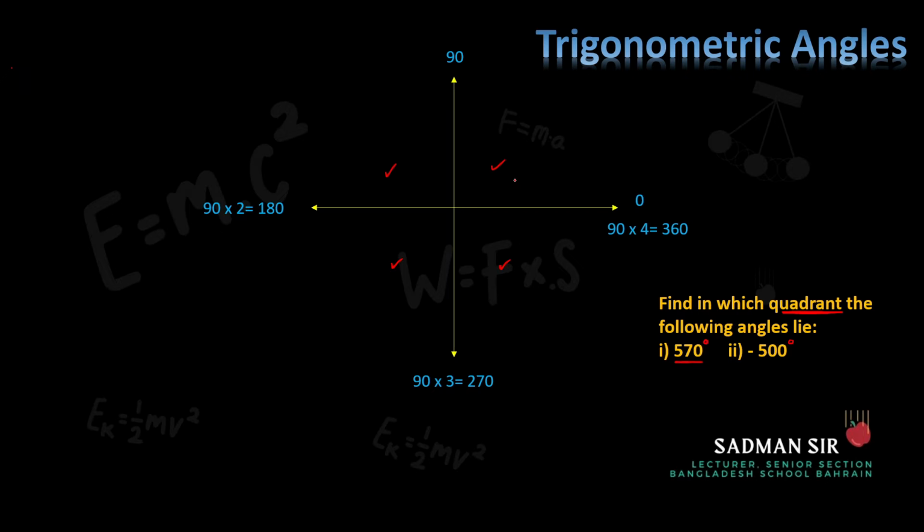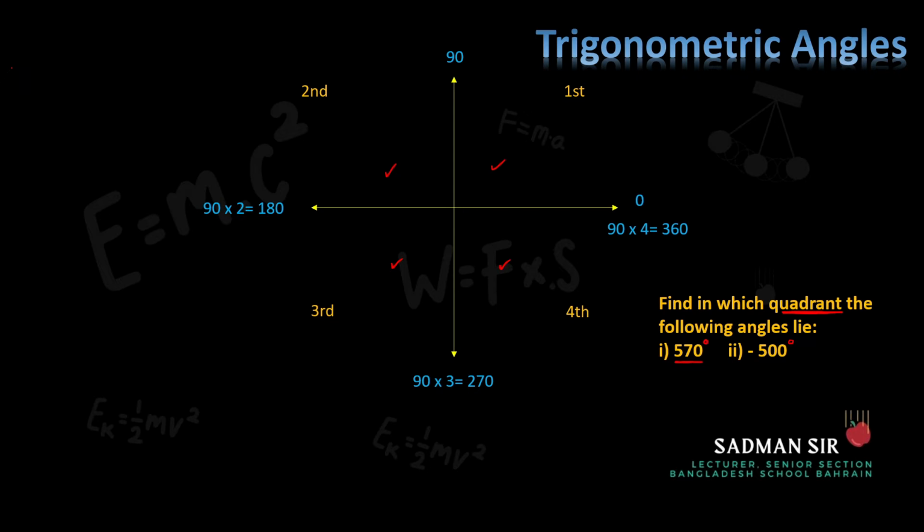The part that is between 0 to 90 is called the first quadrant, and we will go on rotating in the anti-clockwise direction, and we will come to the second quadrant, which is between 90 to 180. Then 180 to 270, that is the third quadrant, and 270 to 360, that is the fourth quadrant.